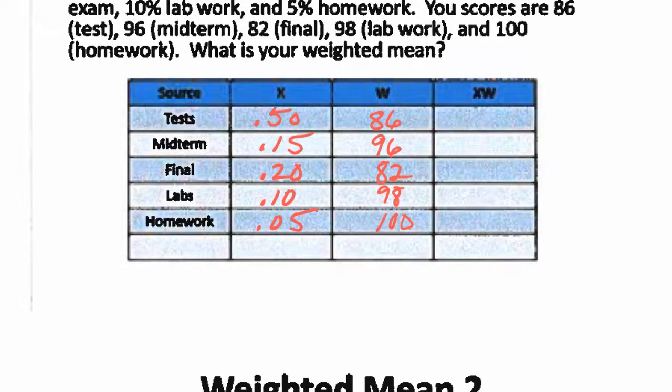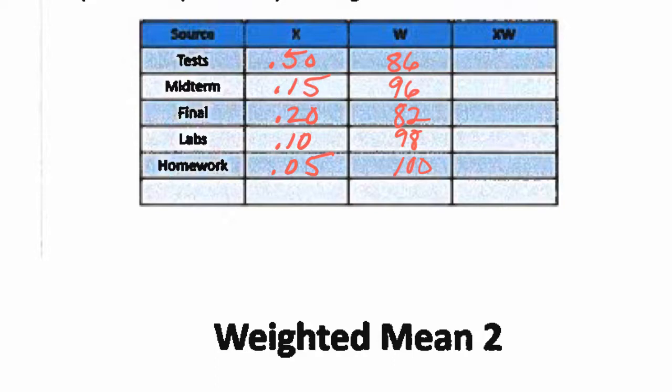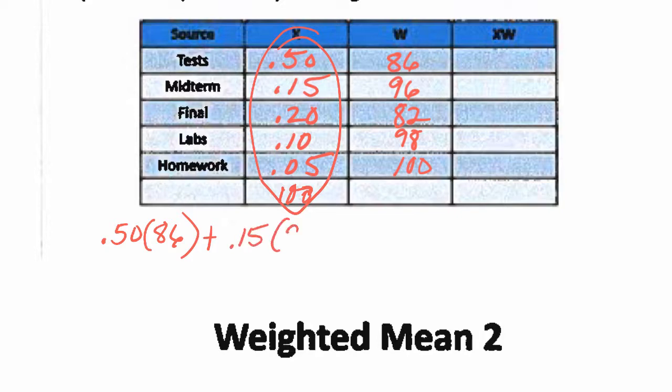Good. So you're going to be multiplying those together and summing them up, because these will together make up the 100% of the grade. Okay? So that's why I typically don't use the table. I just go straight to the 50% times 86 plus your 15% times 96. So this is a pretty straightforward one that we're used to, because we got all those percentages.